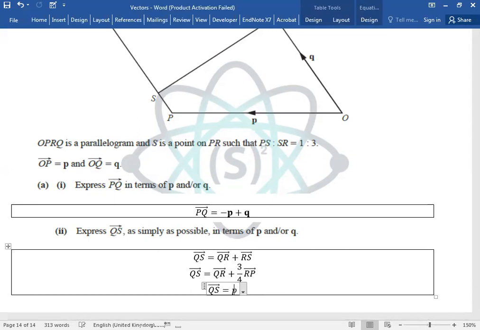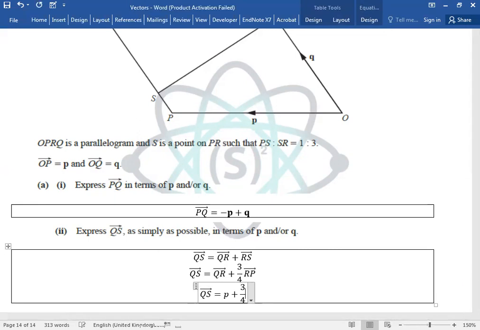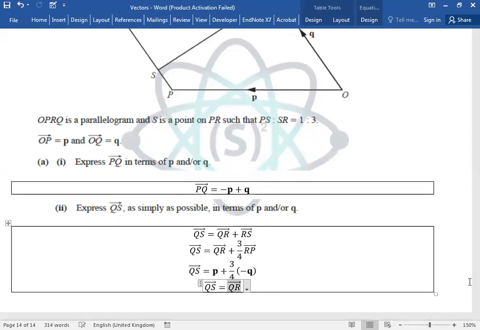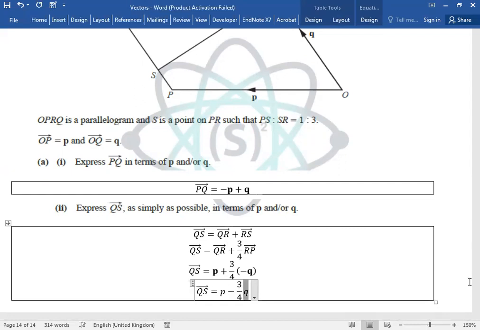QR is P. And this is 3/4 of negative Q. P minus 3/4 of Q. Is this clear?